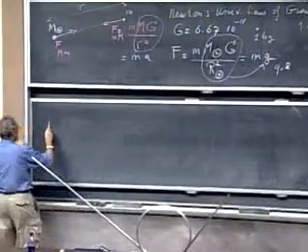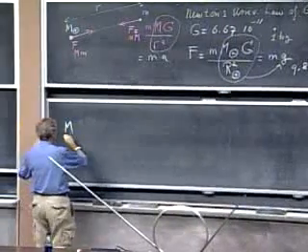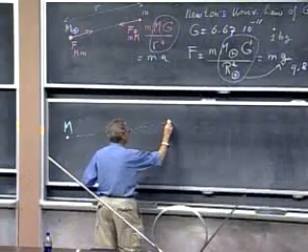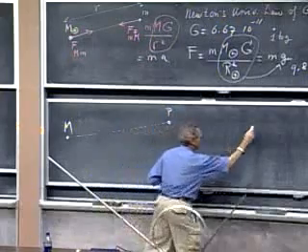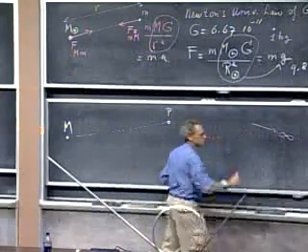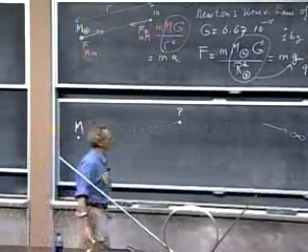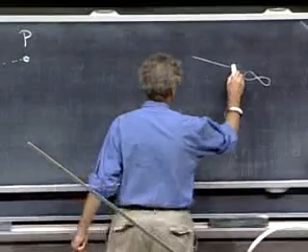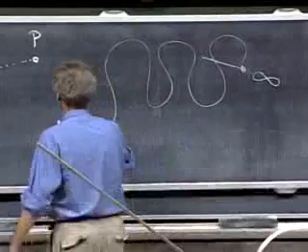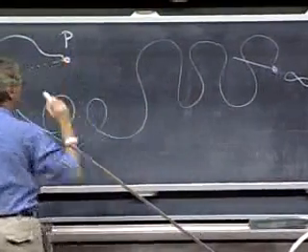Here is capital M, and here is that point P, and infinity is somewhere there. It's very, very far away, and I come in from infinity with that object with mass m, and I finally land at point P.